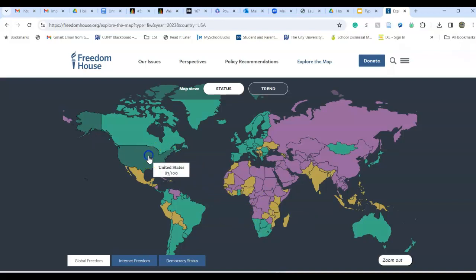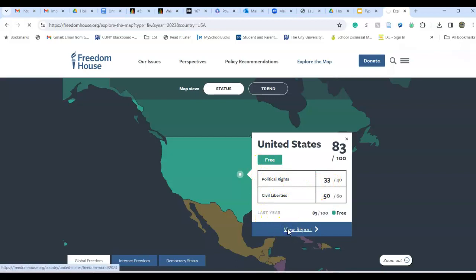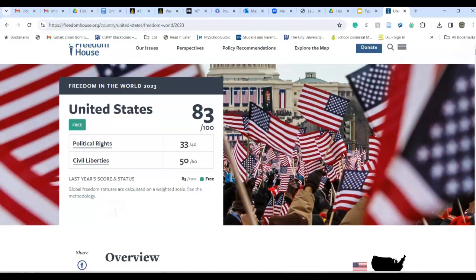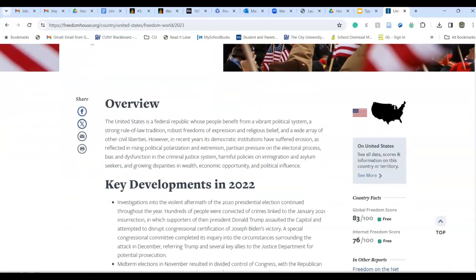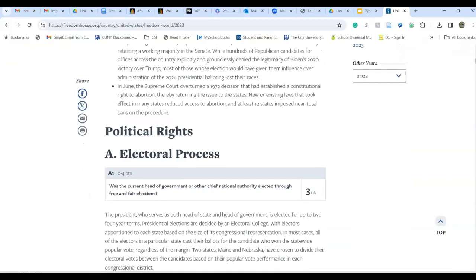And if you're interested, you can enter here and see exactly the breakout of the points or read the full review. I encourage you to play with that a little bit. This is very, very interesting. You can also see exactly what the United States lost points on.